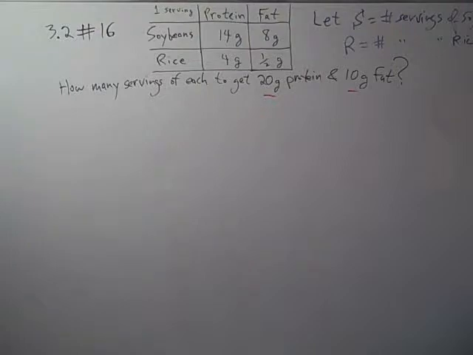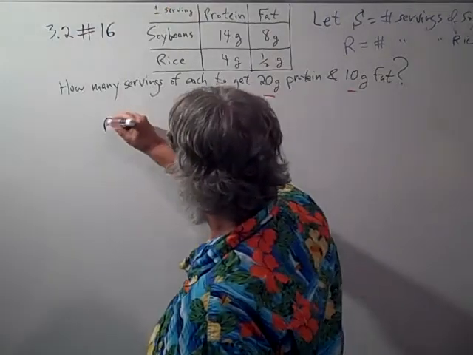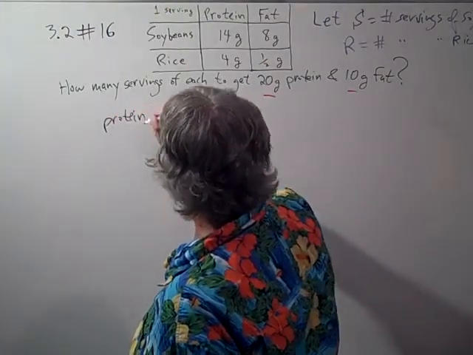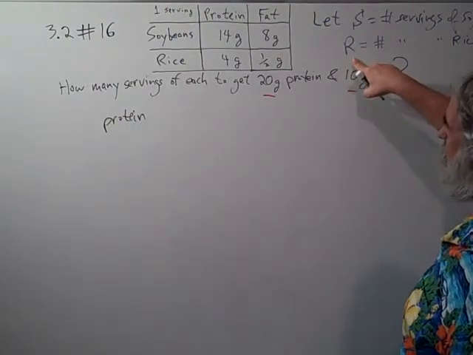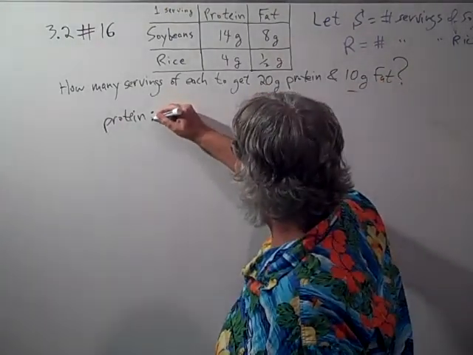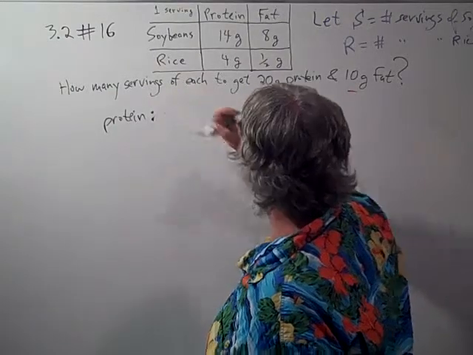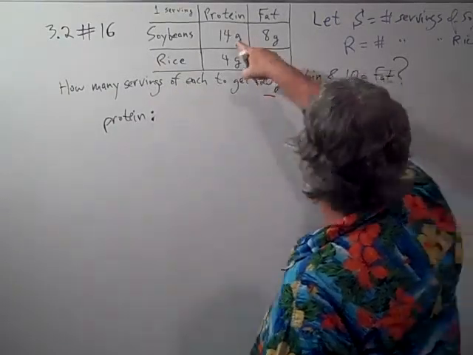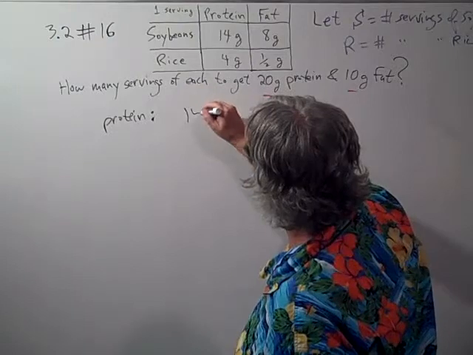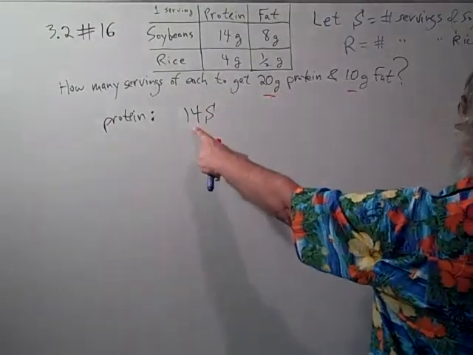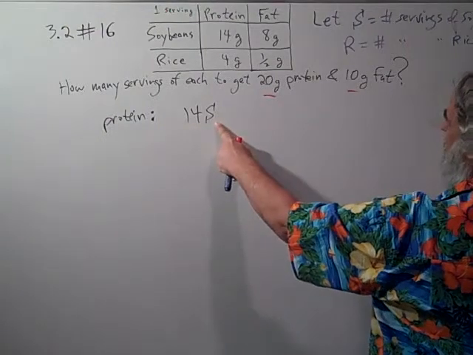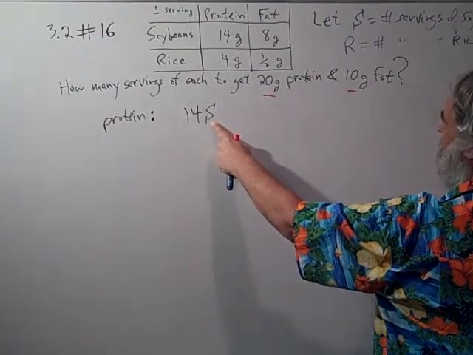So we're going to have one equation that describes how much protein you get if you eat S servings of soybeans and R servings of rice. How much protein is that? Well, in each serving of soybeans there's 14 grams of protein, so 14 times S, 14 grams of protein per serving times S servings of soybeans.